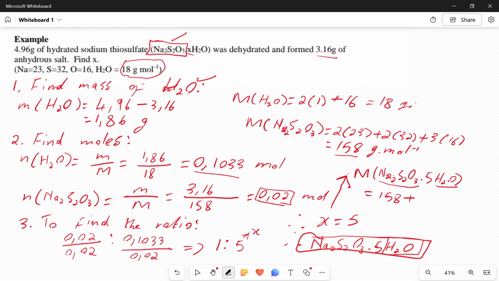But let's notice how many H2O molecules we have. We have 5. So I'm going to say 5 in brackets 18. So it's 158 plus 5 times 18. Let's see what that gives us. So we'll say 158 plus 5 multiplied by 18, and the answer we get is 248 grams per mole.